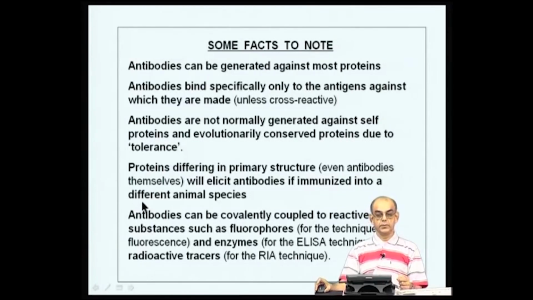For example, you can raise antibodies to, let us say, cytochrome C that has been isolated from pigeon only when it is injected into a different animal species, for example, a rabbit or a rat.